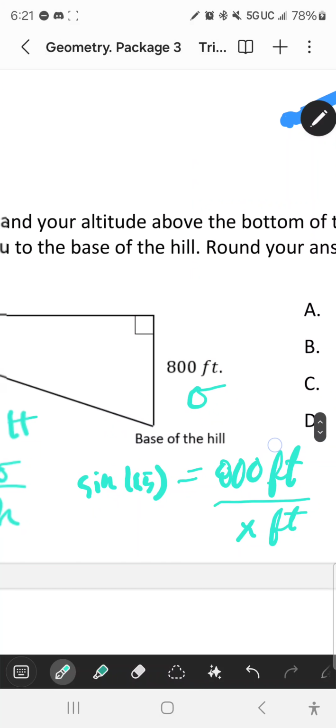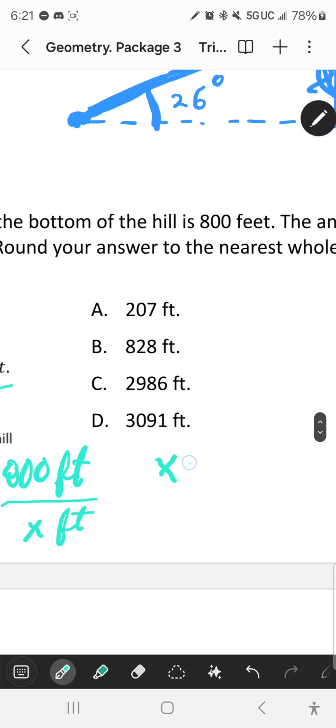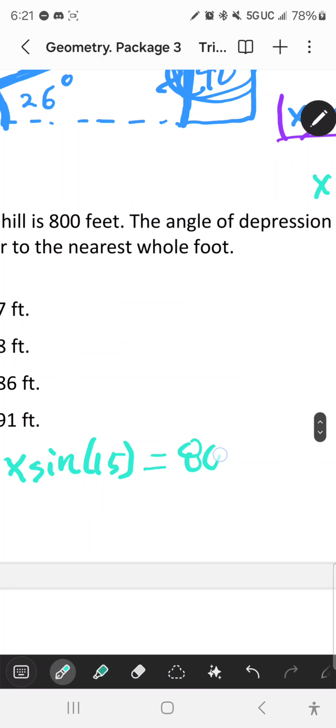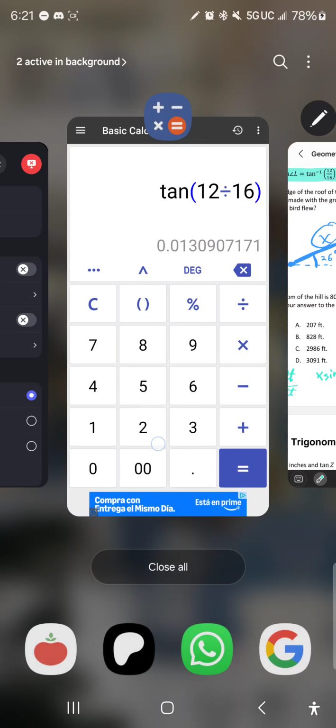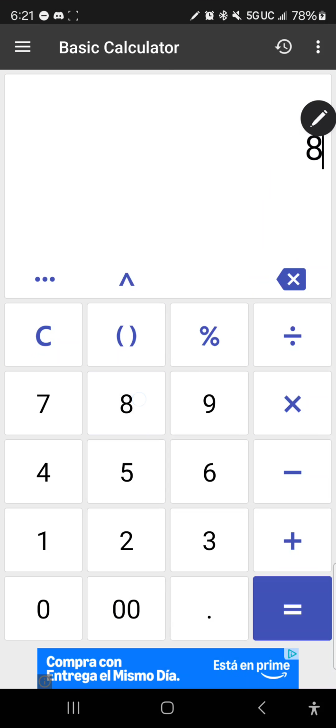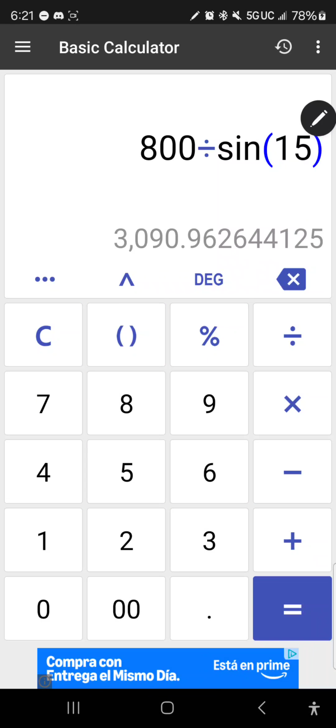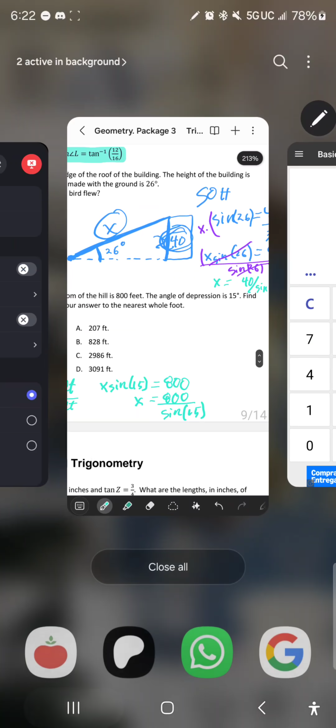I'm going to do the same, multiply both sides by x. I get x sine 15 equals 100. Now I divide both sides by sine 15, and I get x equals 100 over sine 15. Now I go to my beautiful calculator and do 100 divided by sine of 15, and it's about 386.